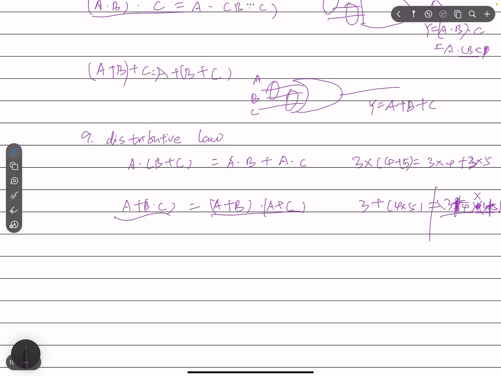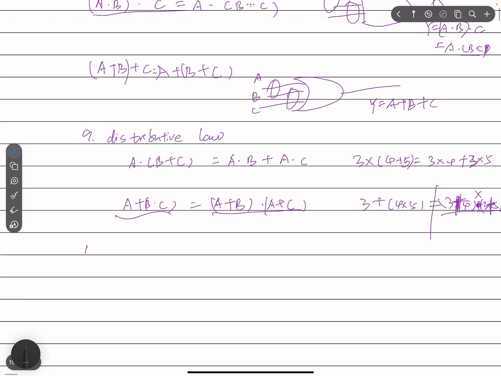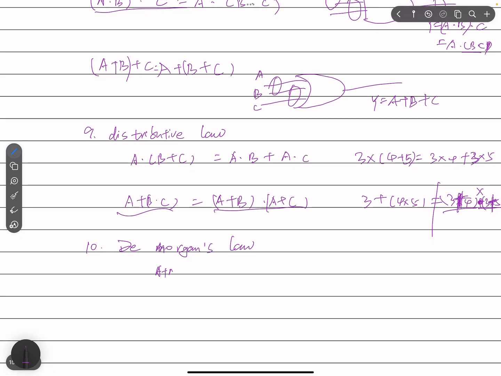We also have De Morgan's law, which is the negation of a sum equals the product of the negations.